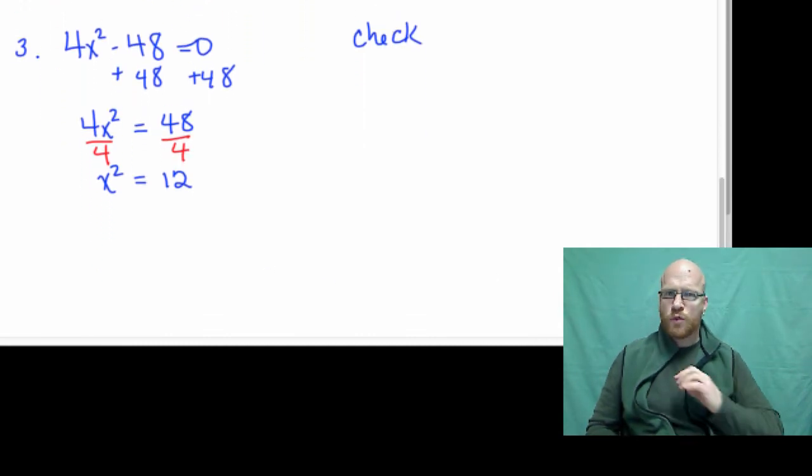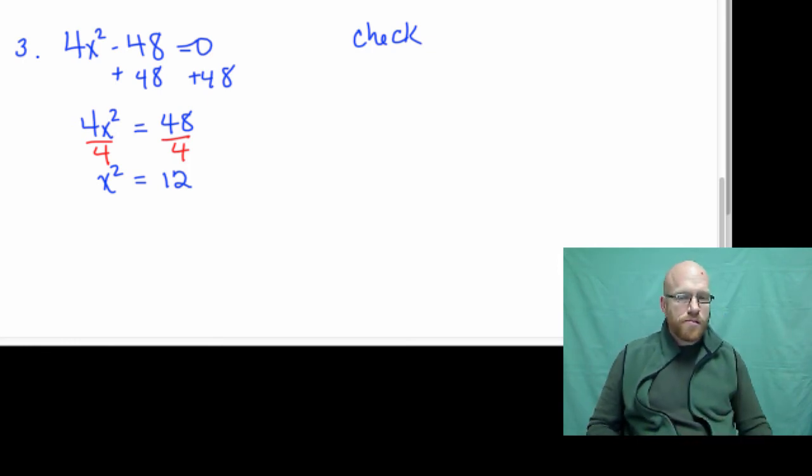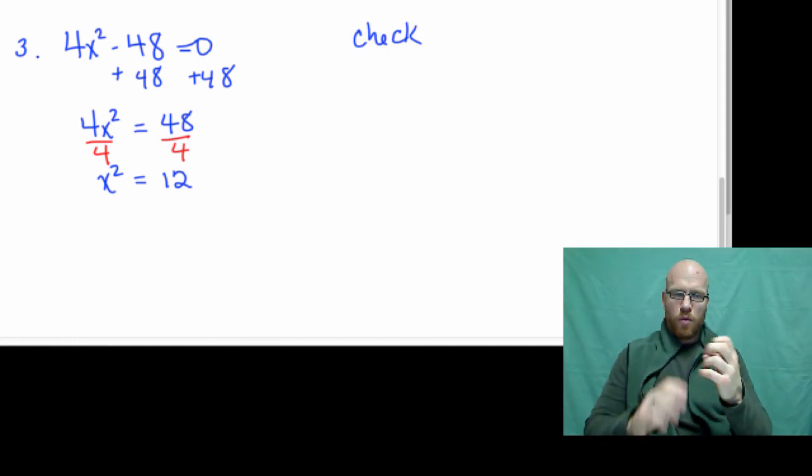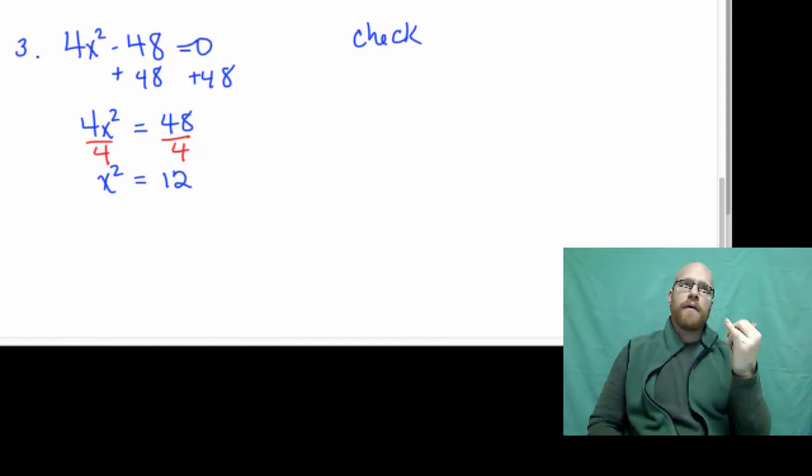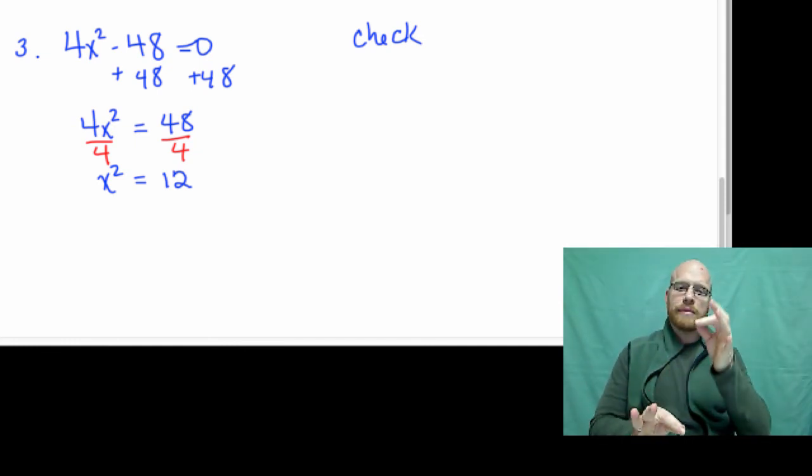Okay, now I have x squared equals 12. Well, I have to take the square root on both sides, and I'll have to simplify that radical.